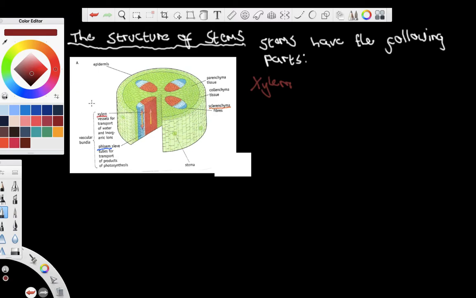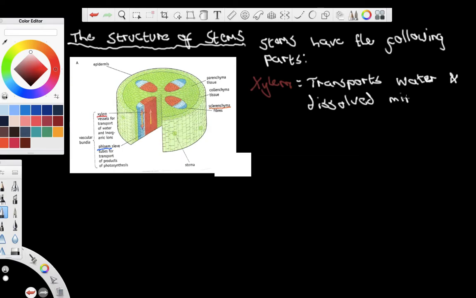Now, the xylem transports water and mineral ions around the plant. So the xylem transports water and dissolved mineral ions around the plant.